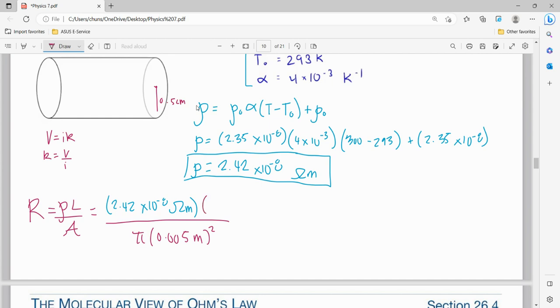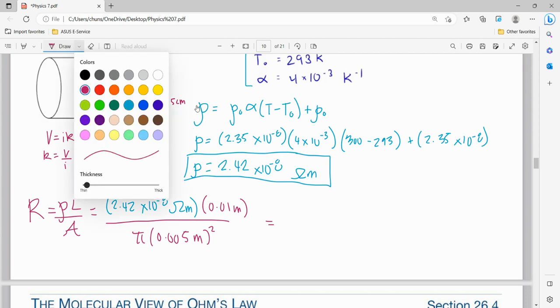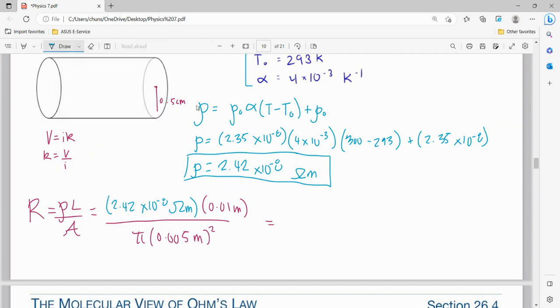And this is multiplied by our 0.01 meters. Right, and you're going to see that our meter squared cancels out with this meter and this meter at the top, so it's only going to leave us with a value of ohms. That means that our analysis is correct.